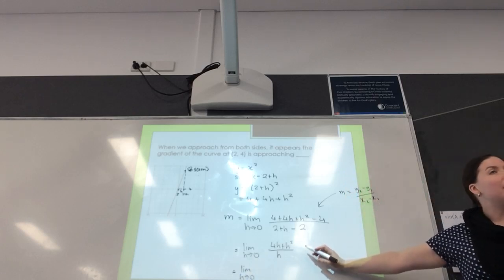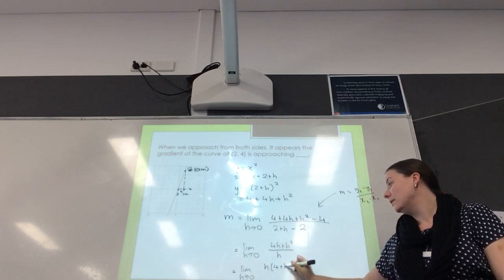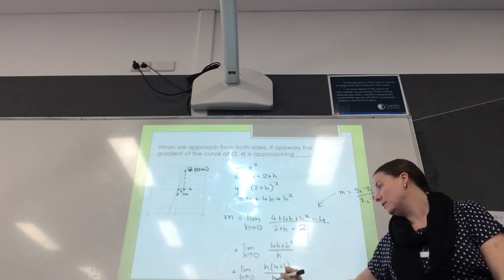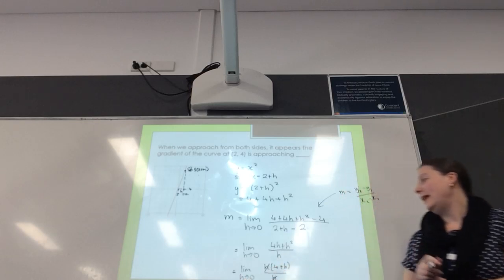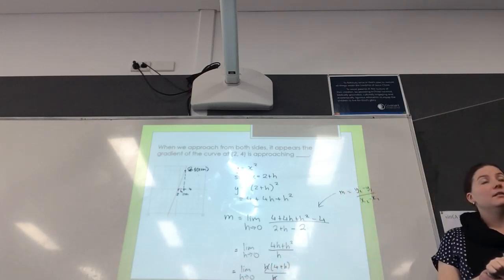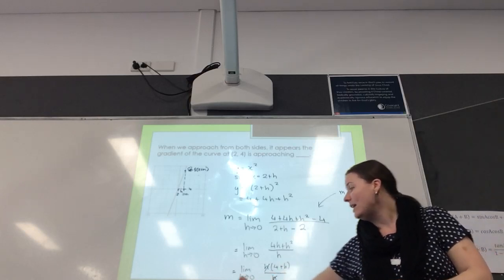What are we going to do here? Factorize. Okay, factorize. And now we substitute. So h is 0, and so the gradient is 4.